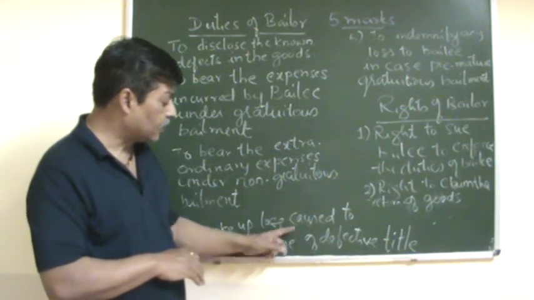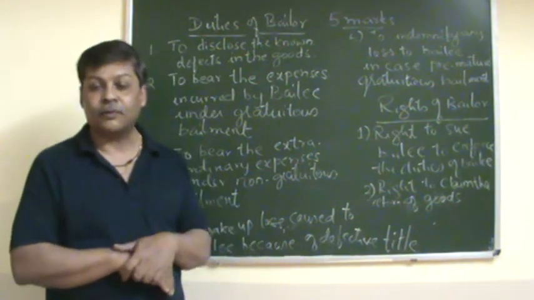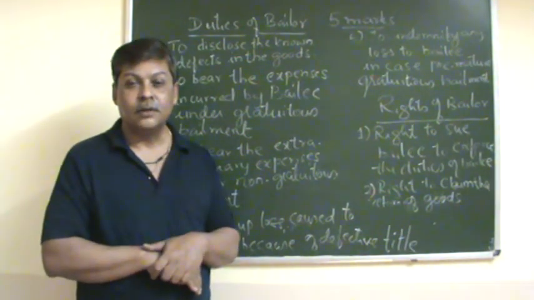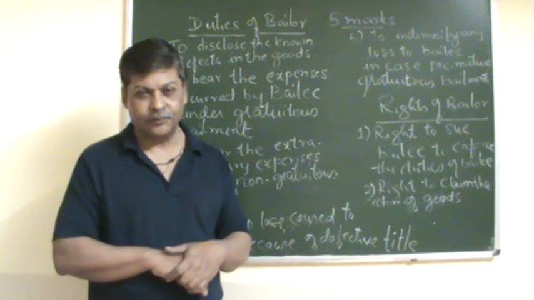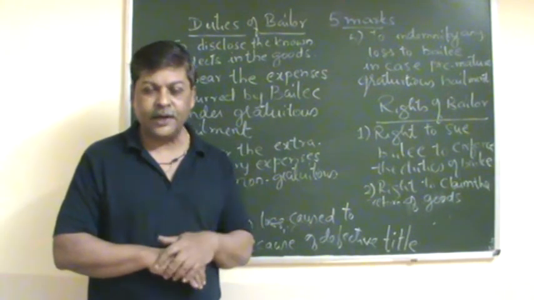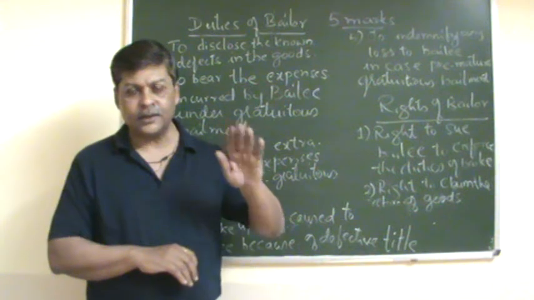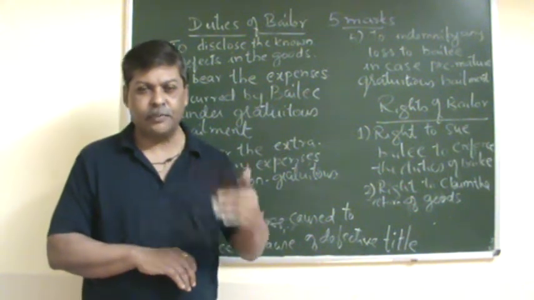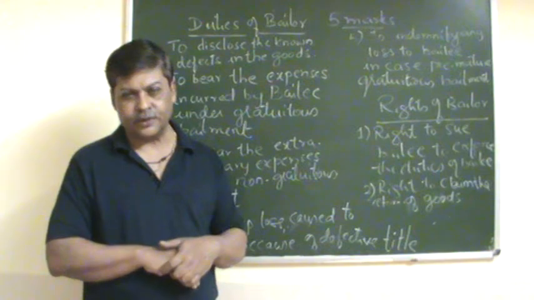Duty to make up loss caused to the bailee because of a defective title of the bailor. You know that the bailor is the person who delivers the goods. Usually the owner, or with the consent of the owner his agent, has the right to deliver the goods.